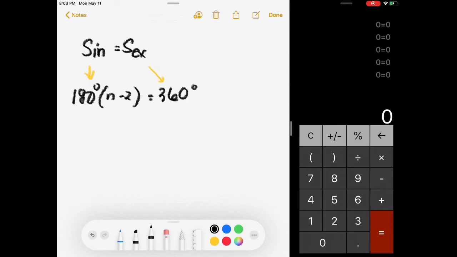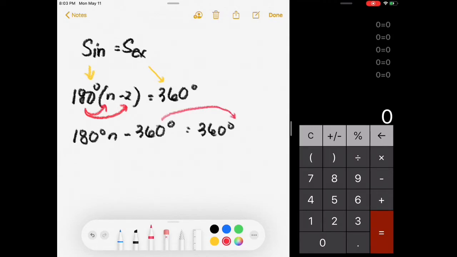We do some basic algebra. Distribute 180 inside the parenthesis, so we get 180n minus 360 degrees, equals 360. Then we transpose, which gives 180n equals 360 plus 360. The negative becomes positive.